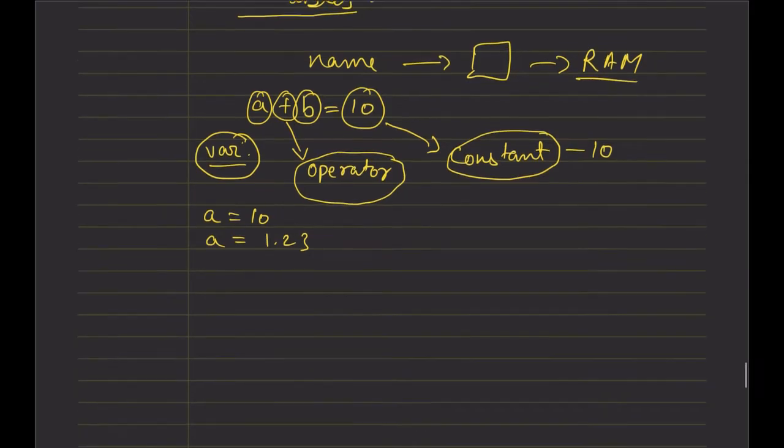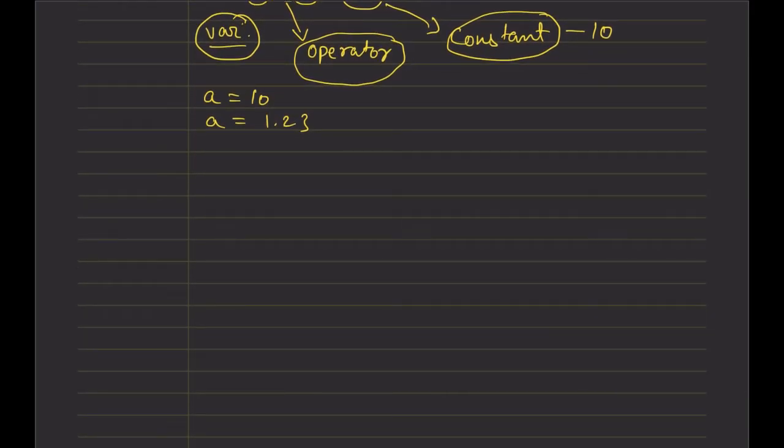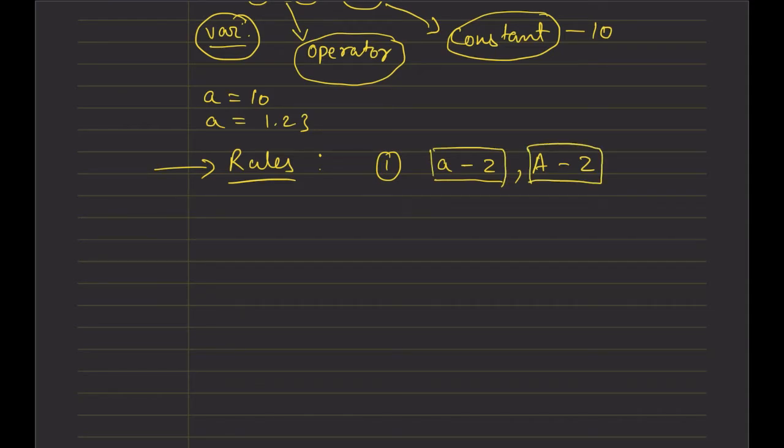Now, there are certain rules which you need to know about before defining a variable. So let us see what the rules for defining a variable are. The first rule is that the variable name should begin with either a letter, for example from small a to small z, or capital A to capital Z. Keeping in mind, Python is case sensitive, so both of these will be considered different.